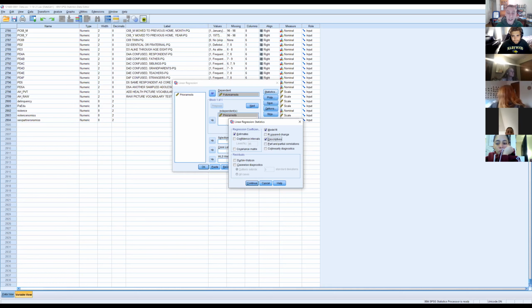There are additional statistics that you can request. One of the things that the book shows is testing that the errors are randomly distributed, that there's no pattern to the distribution of errors. That's called homoscedasticity, and that can be done quite easily by looking at the residuals, the Durbin-Watson test.